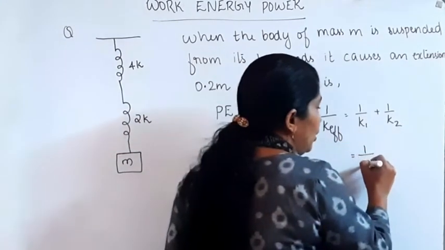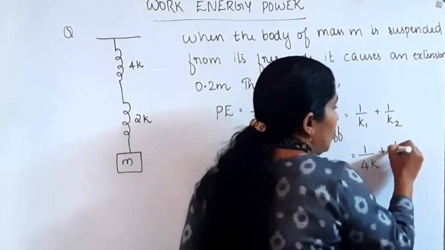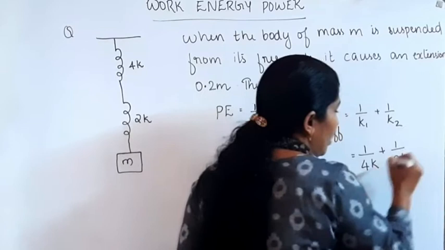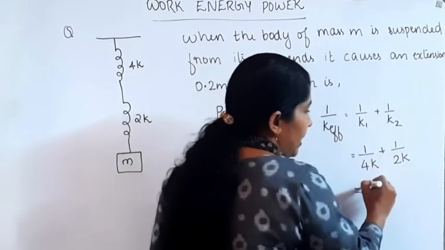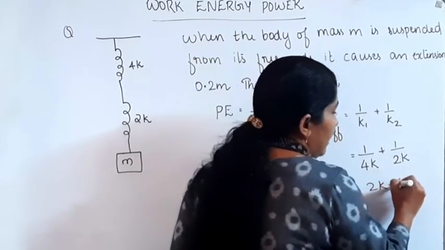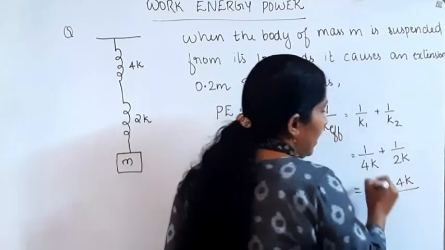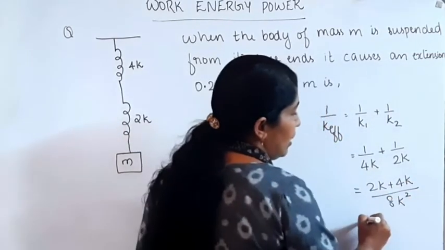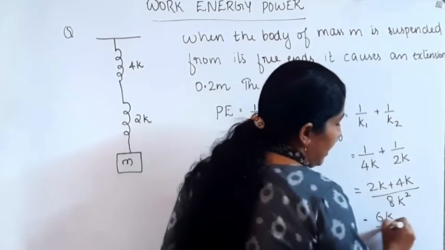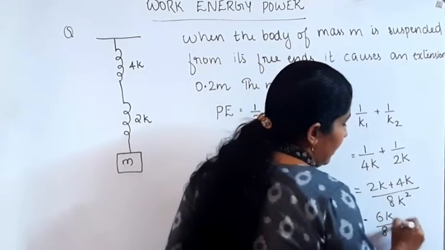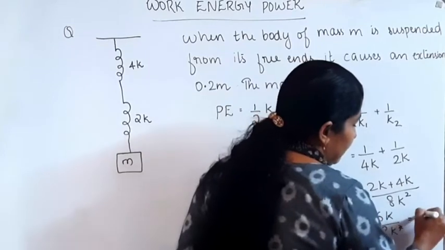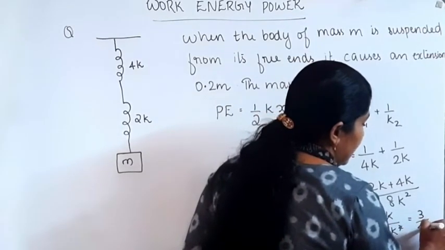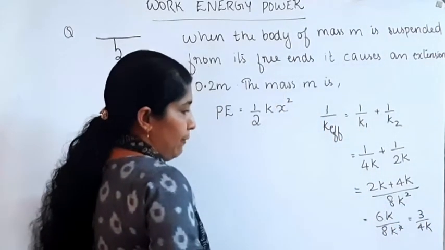On rearranging it, 2k plus 4k divided by 8k square, that's equal to 6k divided by 8k square. It's equal to 3 by 4k, that is equal to 1 by k effective.